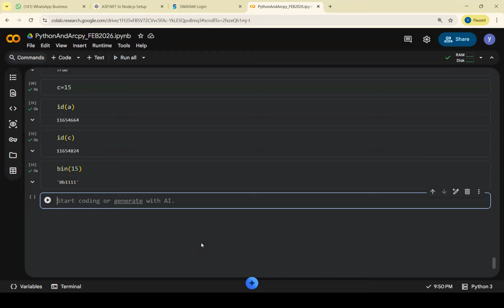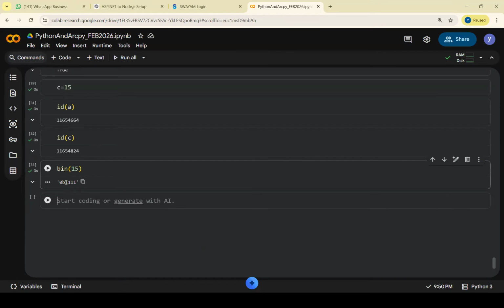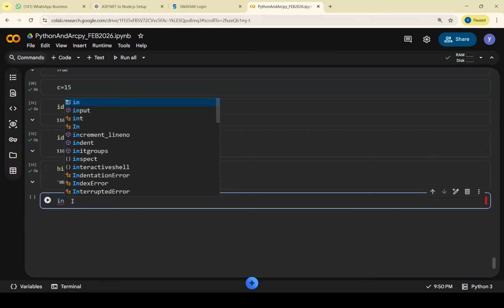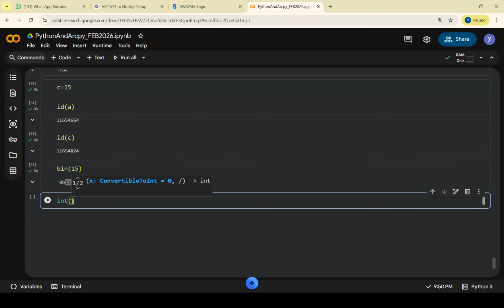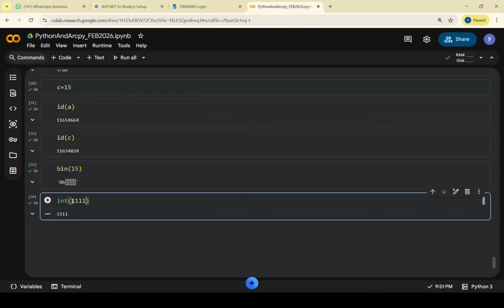There also, let's suppose you have this number 111, and we have the int function, and we write 0b.